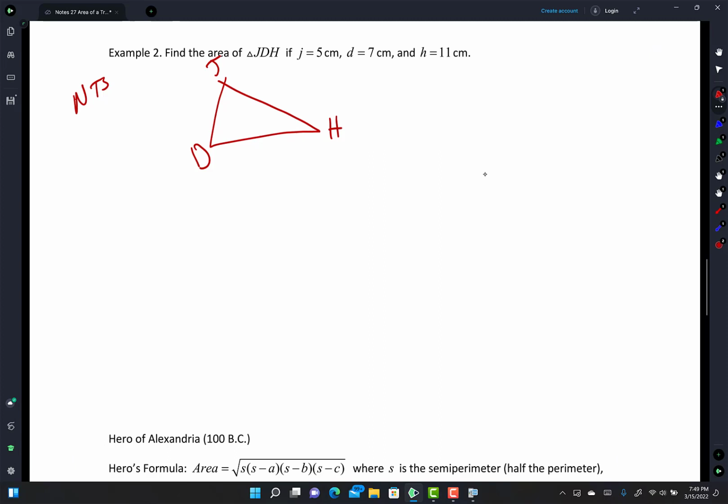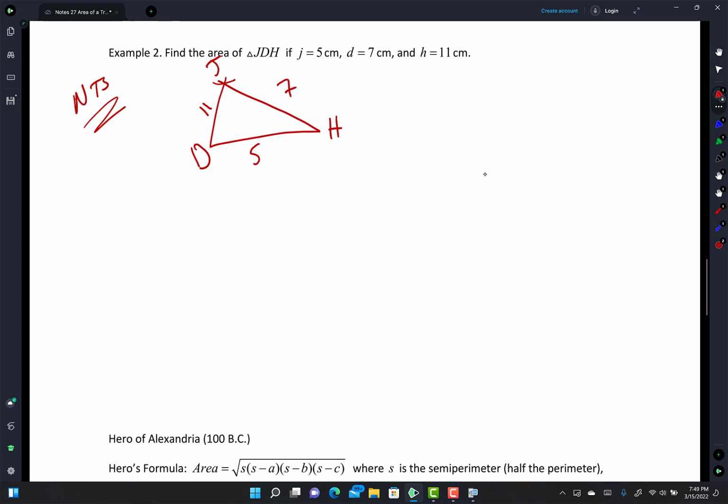So big J or angle J creates little j, so this is 5. Angle D creates little d, so this is 7. Angle H creates little h, so it's 11. Obviously, it's not to scale, guys. The 11 is the longest side, and as you can see by the way I drew my triangle, that 11 looks like it's the smallest side, so it's not to scale. So we're in good shape, okay.